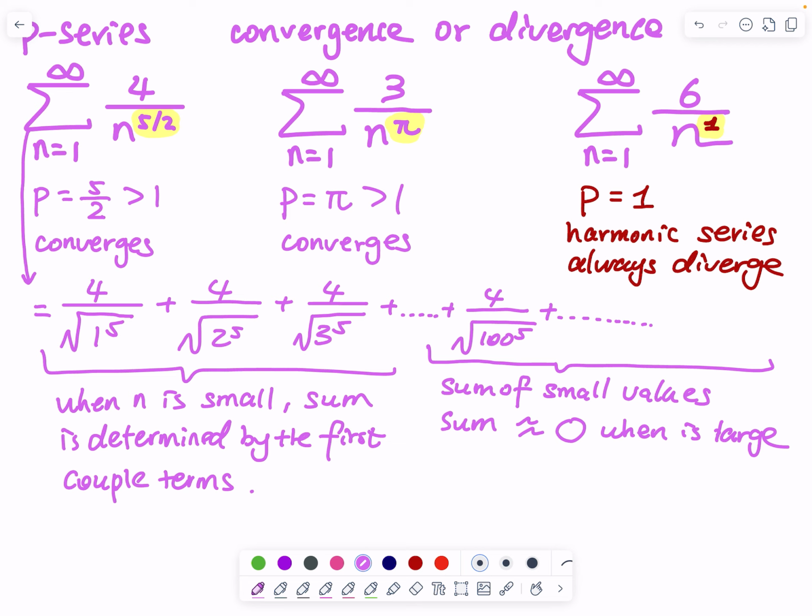So when n is large, you have 4 divided by a large denominator. Those values are nearly 0, so you are adding up a bunch of 0s that don't affect the sum. When n is small, that is where you are able to determine the sum.